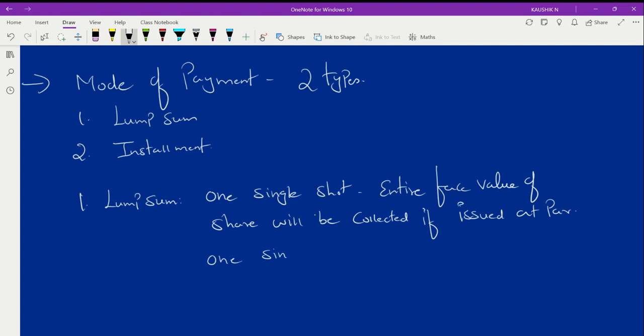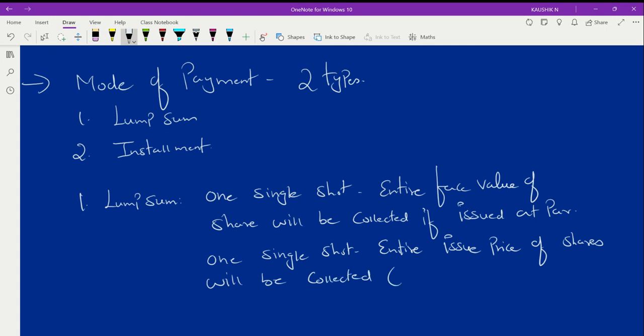In one single shot, the entire issue price of shares will be collected. This will be apt for both at par and at premium.